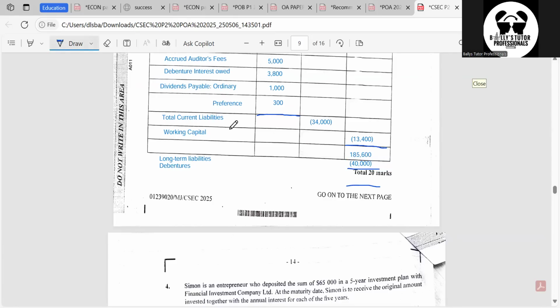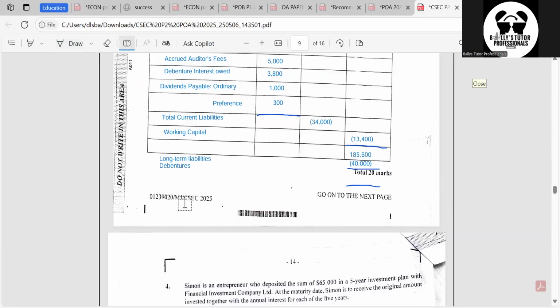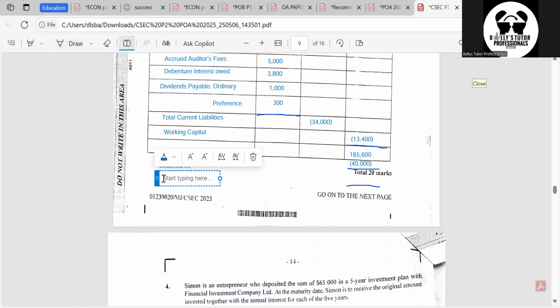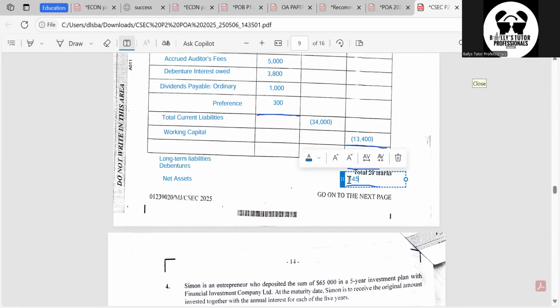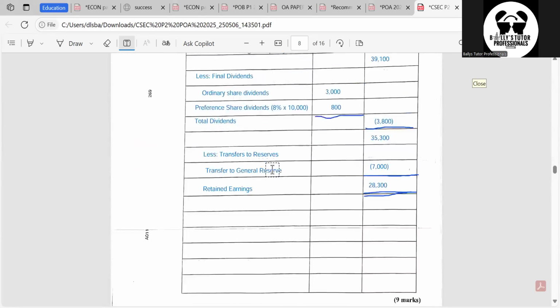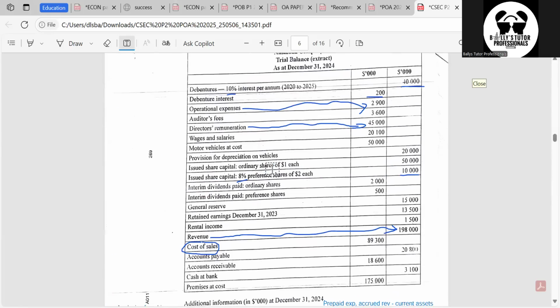Now, if in the exam you did your capital section just to see if it would balance or not, it would not have balanced, because the trial balance it gave you also did not balance. So you'd have had to check whether it was not balancing by the same amount that the trial balance wasn't balancing.